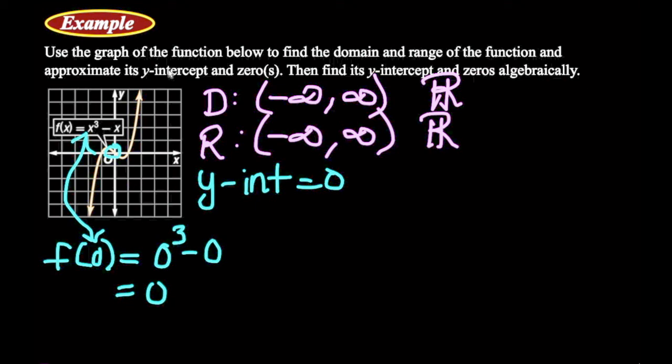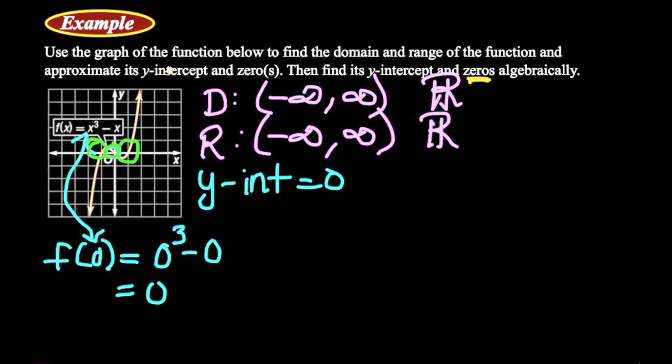So now let's go ahead and look at what our x-intercepts or our zeros are. So let's find the zeros, and then we'll verify those algebraically as well. I'm going to erase a little bit of this so we're not getting too confused here. I'm going to pick a different color to look at where it hits the x-axis.